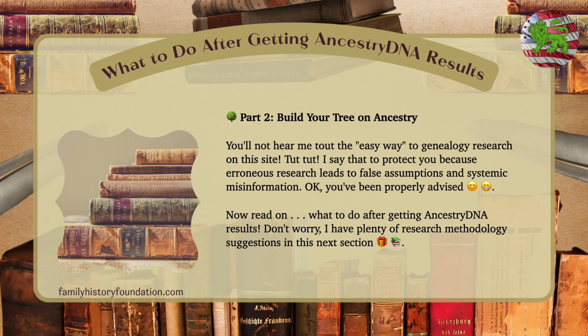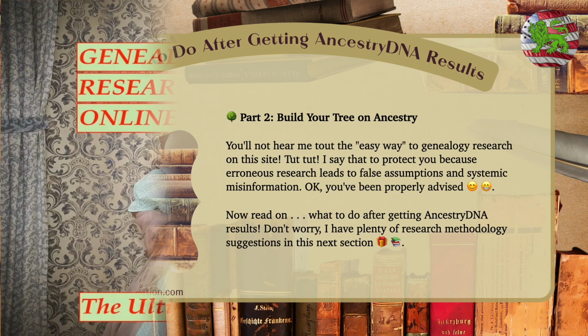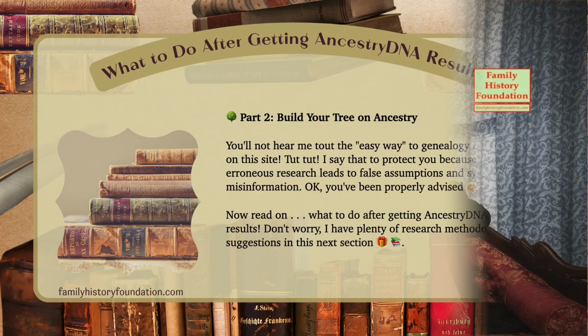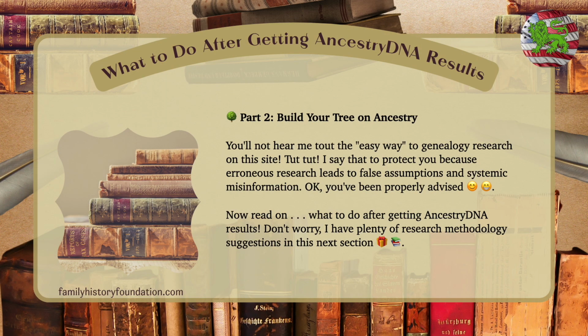And I've written a ton of articles on FamilyHistoryFoundation.com on how to actually research and what is appropriate. You go right to the main page. On the top, pinned to the top, is an article called the Genealogy Research Guide, the one ultimate user-friendly beginner's guide to research, which is also for advanced users. It'll remind you of things that you should know, okay?